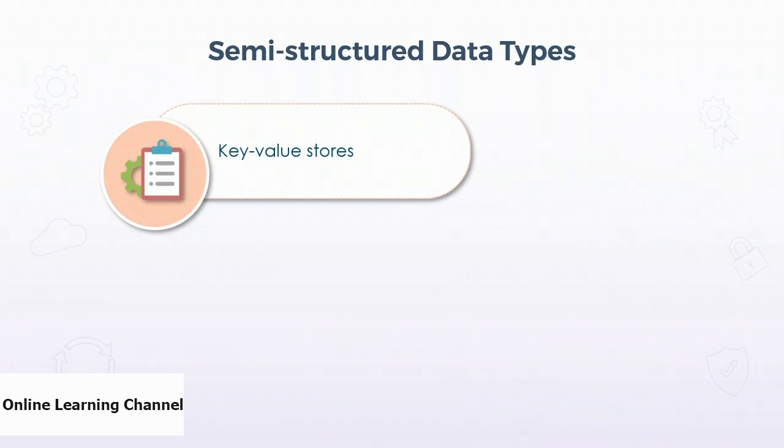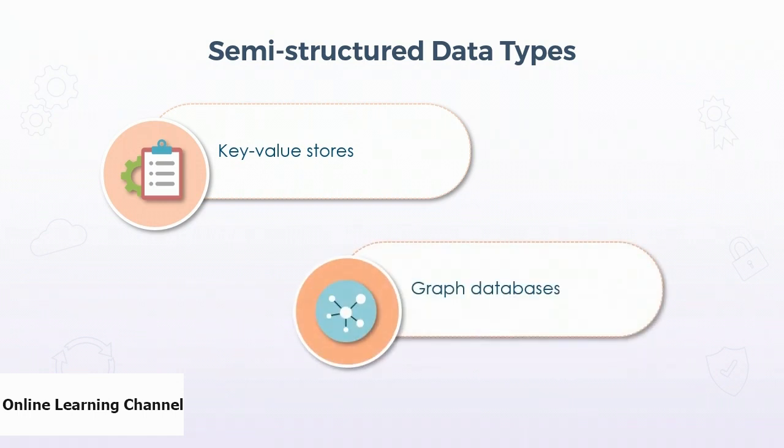Another example of semi-structured data are graph databases, which store data in the form of a mathematical graph. The records in a graph database represent nodes of a graph, and they contain relationships to one another. Like a key value store, the schema in a graph database is not predefined, but is rather dynamic and stored in the records themselves.